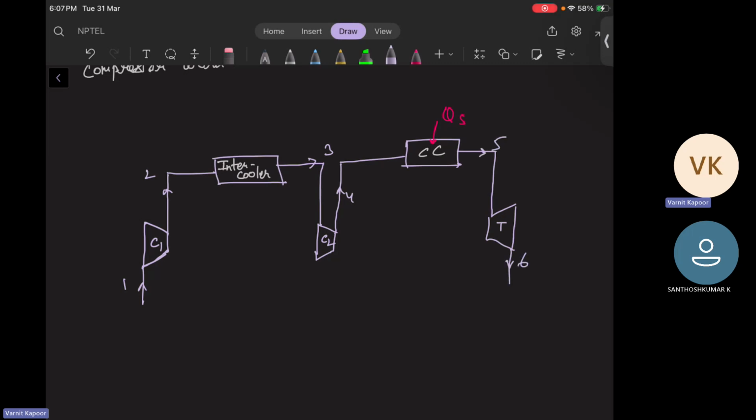And this was the 5th. So with the help of this intercooler, we have increased the pressure and temperature from compressor 1. Then we pass it through the intercooler where we are decreasing the temperature of the working fluid at the same pressure.